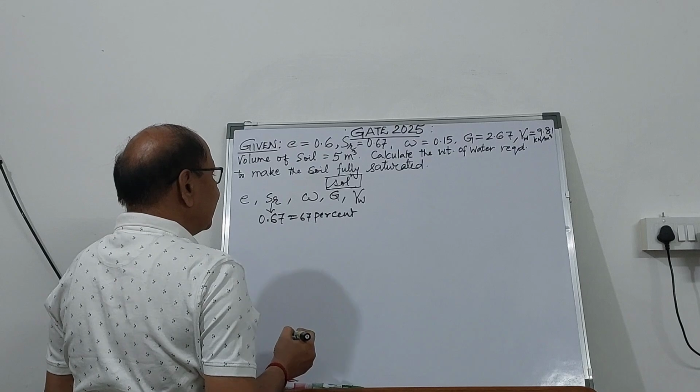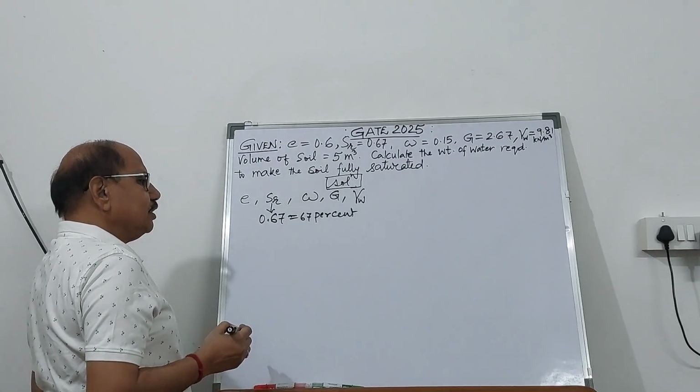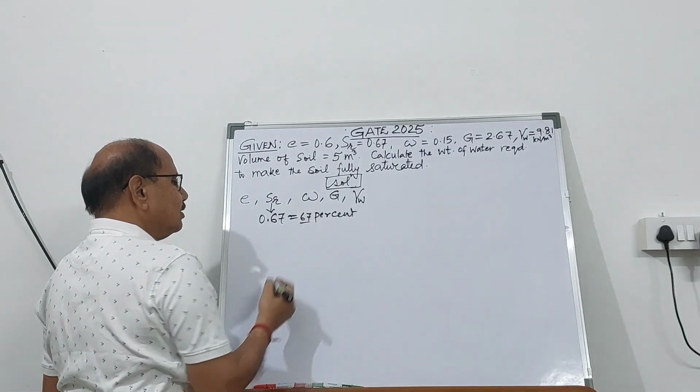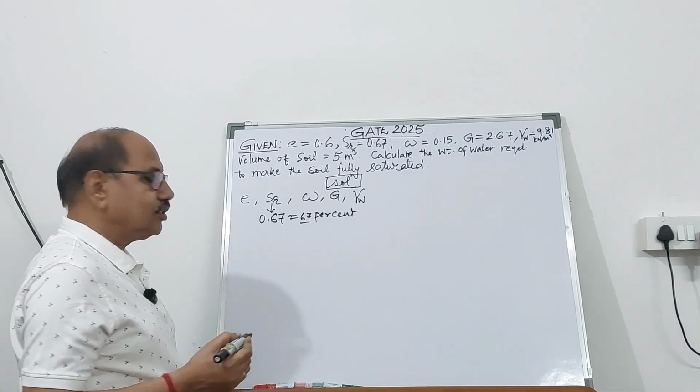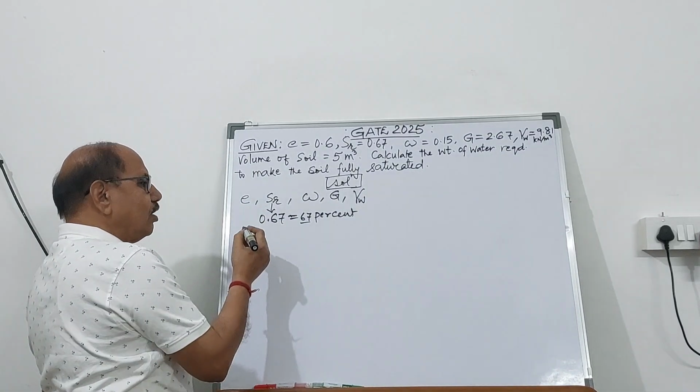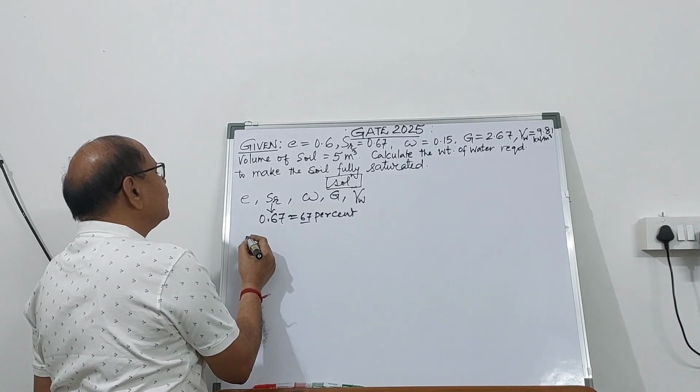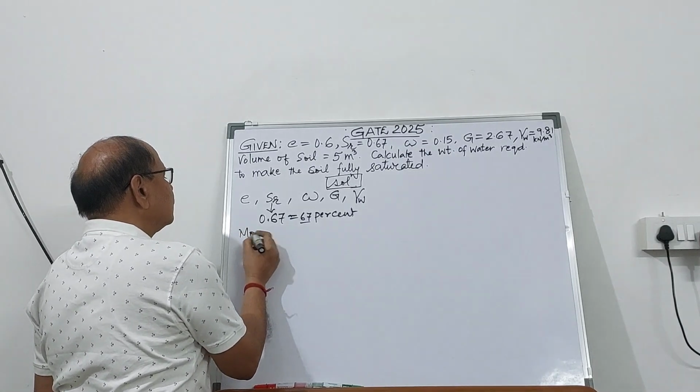So if the degree of saturation is 67%, naturally it's in moist condition. So you can find out the unit weight, moist unit weight.